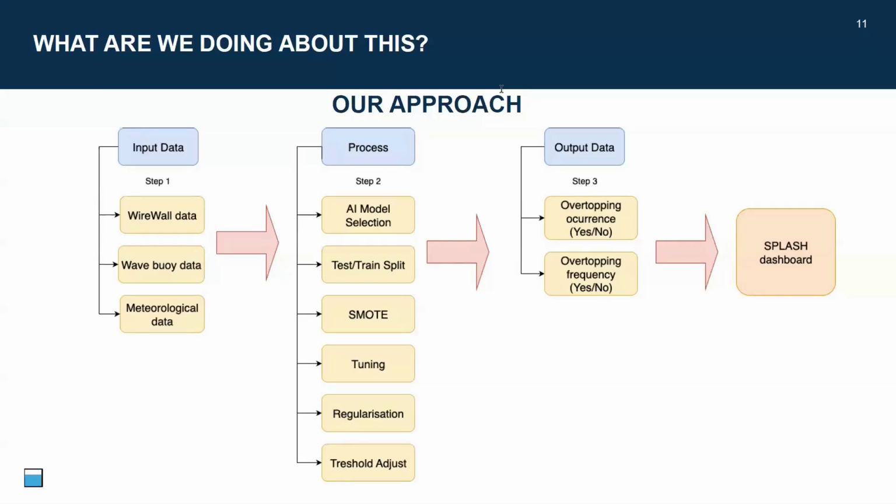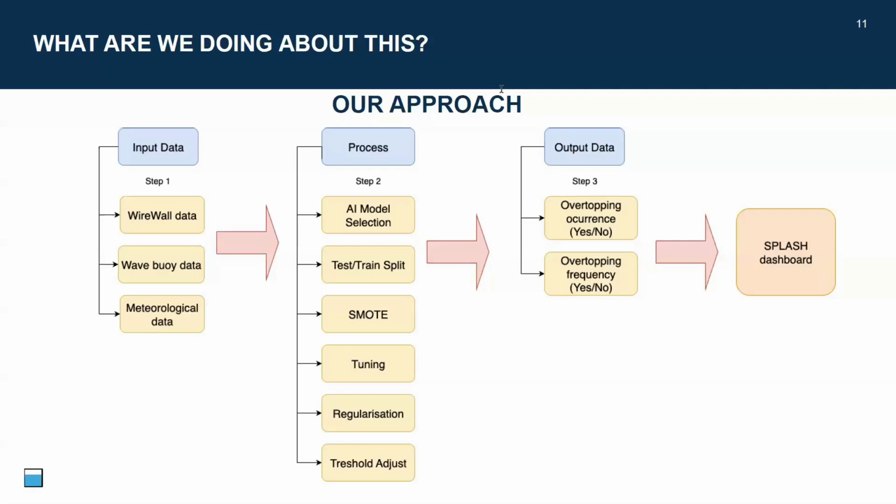And we also have our meteorological data, which is the wind speed and direction, and furthermore, our water level data. Our second step was to train, test, and validate machine learning models like XGBoost, SVM, random forest, and even a multi-layer perceptron neural network.